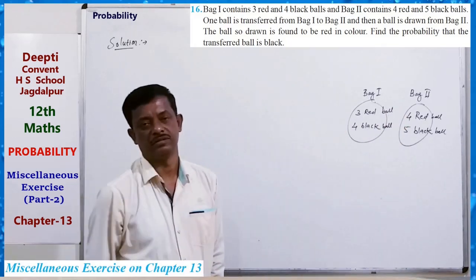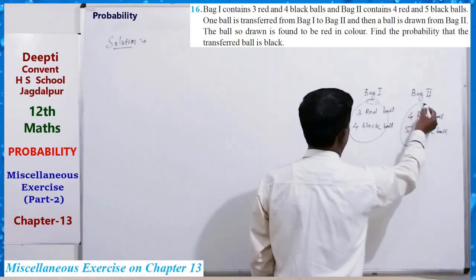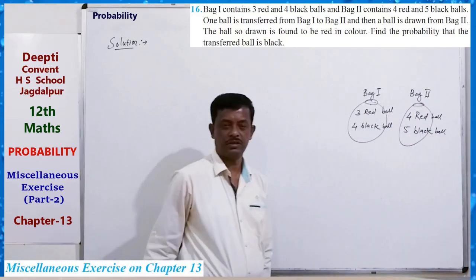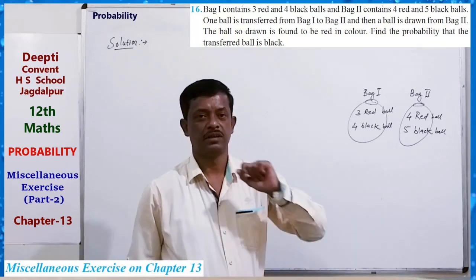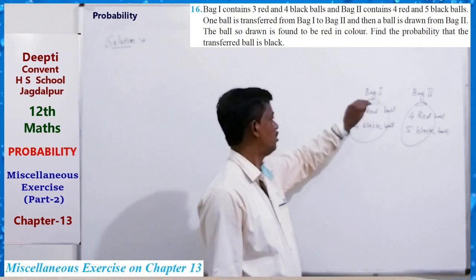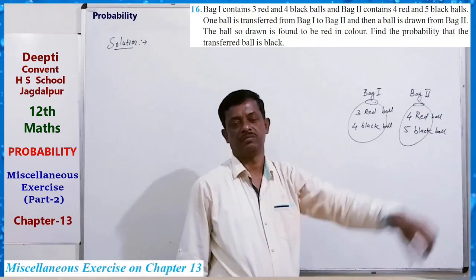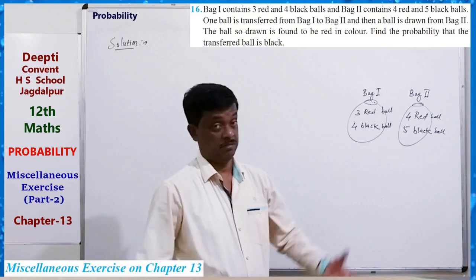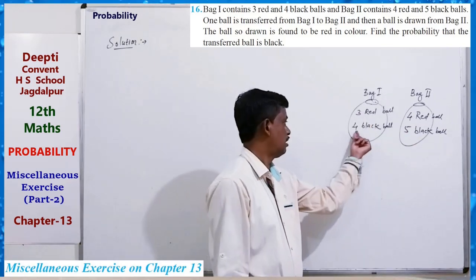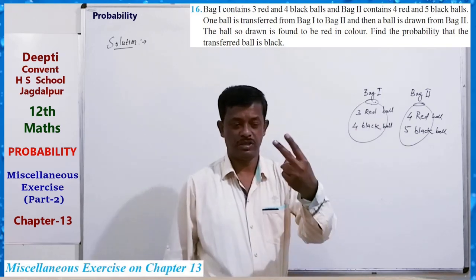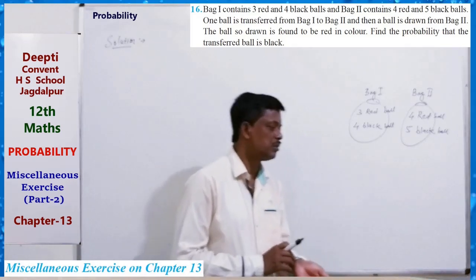We have two bags. One of the balls from the first bag is transferred to the second bag. There may be two situations: a red ball may be transferred, or a black ball may be transferred. So these two events are denoted by E1 and E2 respectively.